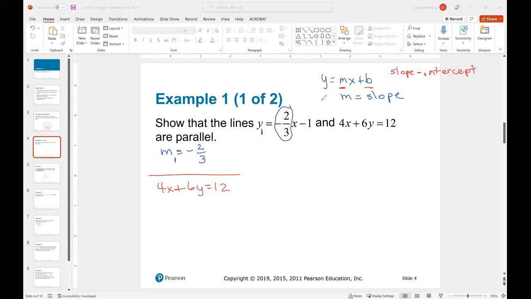Then we have point slope, and it's called that because if we're given a point and the slope, there would be my y1 point that I'm given, here's the slope, and then I would be given x1 as well. So there's point slope. And this is called standard form.